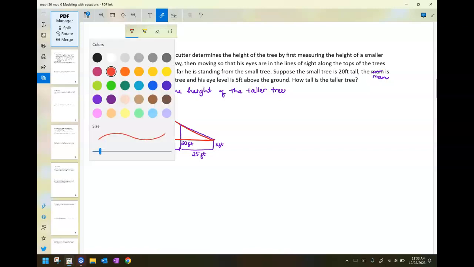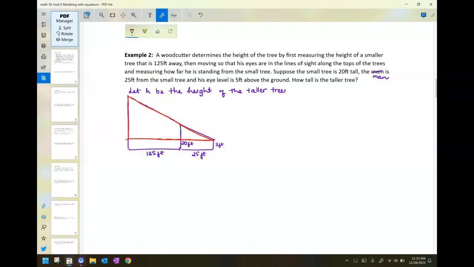And this triangle is similar to this green small triangle. Now, if the line of sight of the man is 5 feet above the ground, then to measure the length of the small green triangle, this side here has to be 15 feet. Okay. And the horizontal distance from the man to the small tree is still 25 feet.